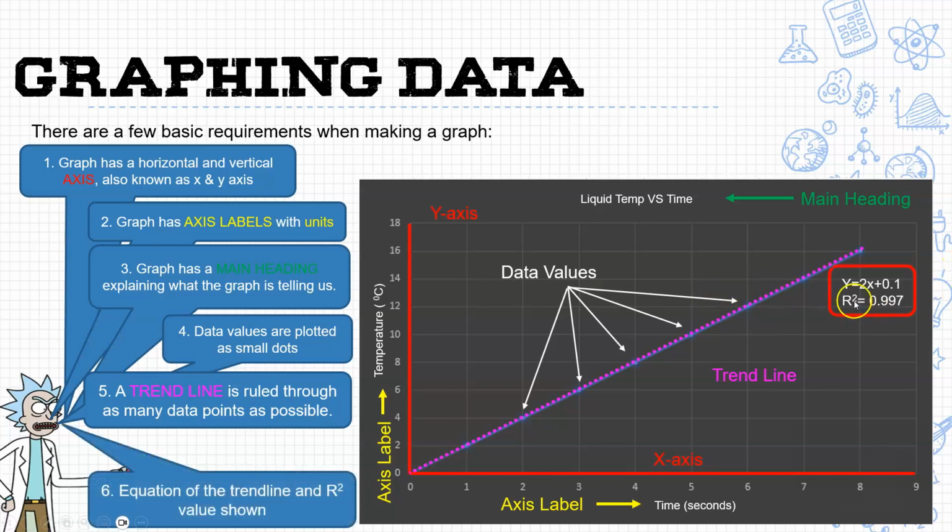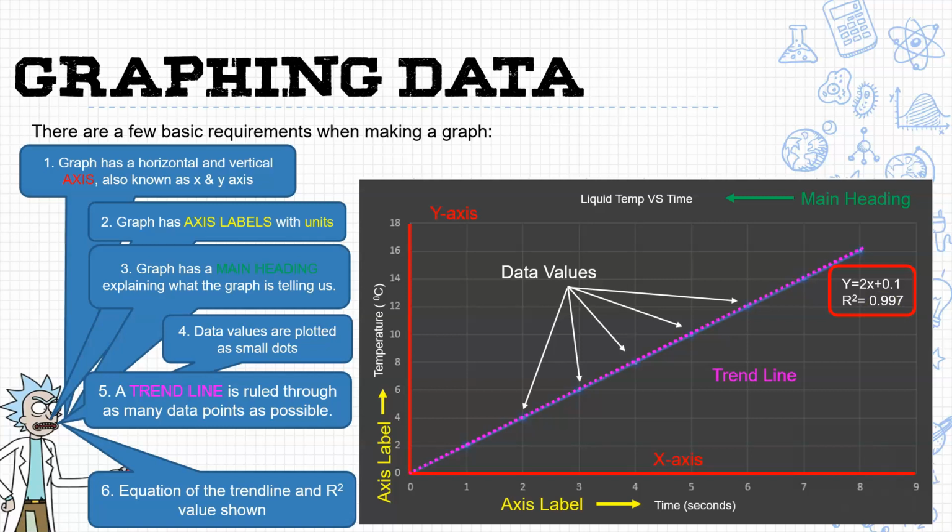Lastly, you need to include this. Excel will just do this for you, so you don't have to calculate anything, but it's the equation of the trend line. So I can look at the mathematical representation of that line used and the R-squared value. R-squared value is really, really useful, but often people misunderstand what an R-squared value is.